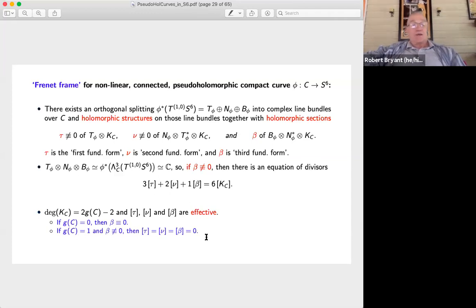It has to be smoothly immersed. And if the genus is positive, then beta not 0 implies that the vanishing divisors of these first, second and third fundamental forms are bounded.